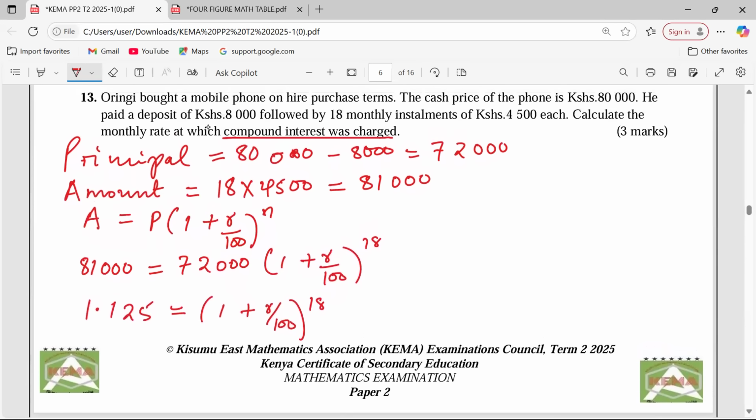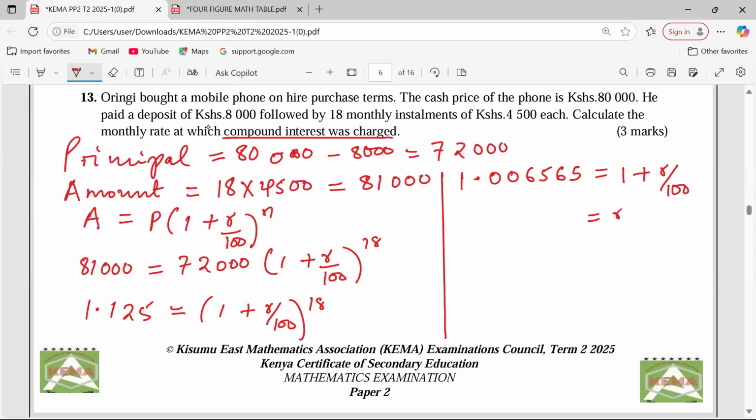Because the right hand side is raised to power 18, we can now obtain the 18th root. The 18th root of 1.125 gives me 1.00665 to significant figures. And this is equal to 1 plus r over 100.